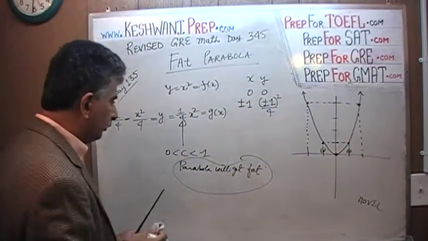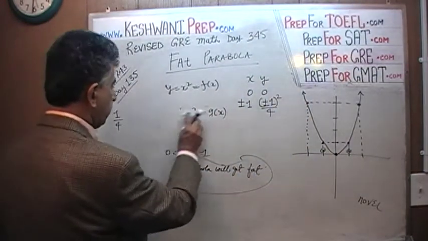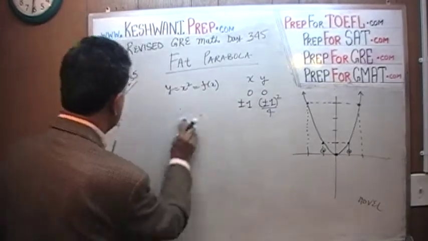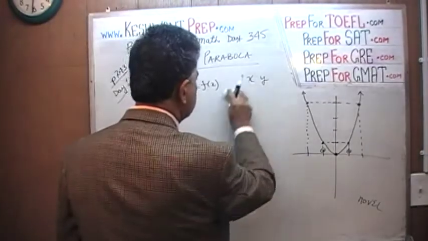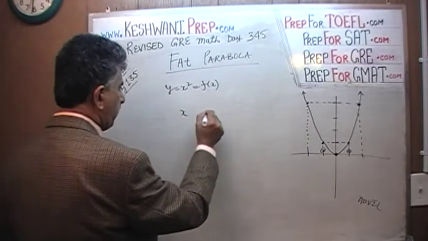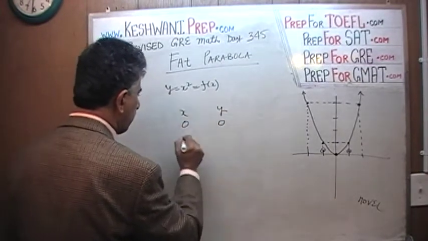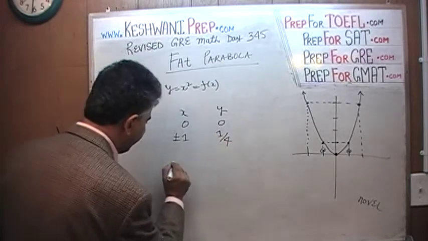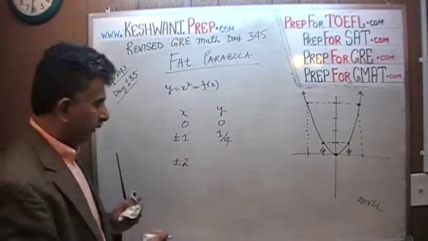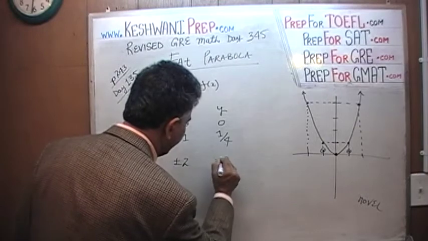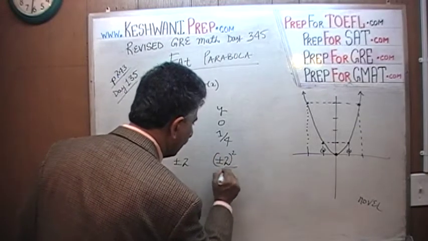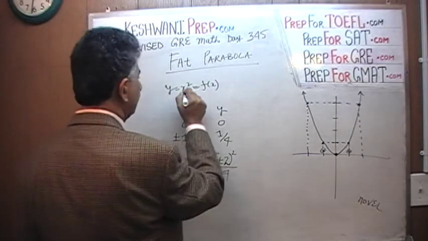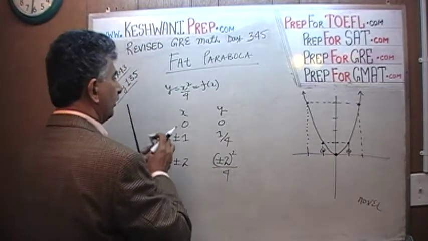When x is equal to 2, what we're going to have here is 2 squared, which is our x squared, over 4.